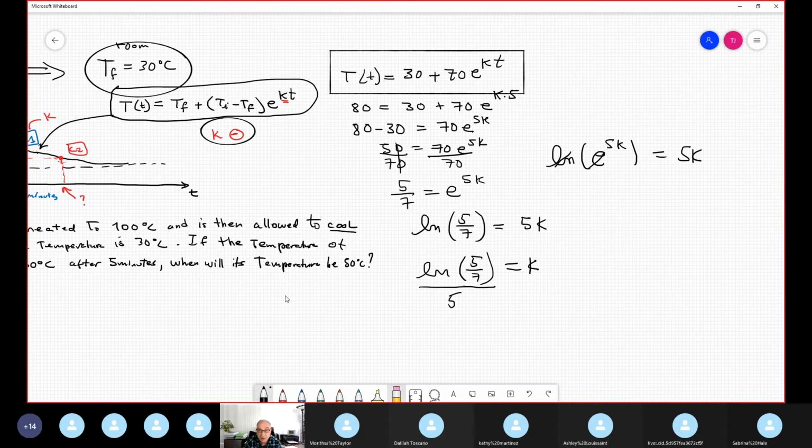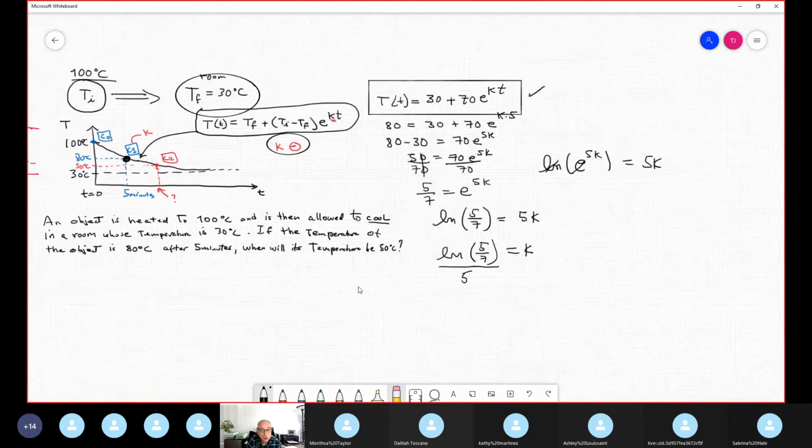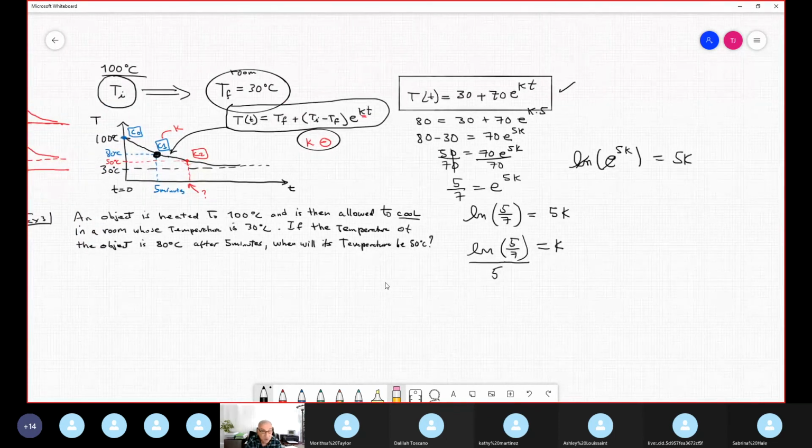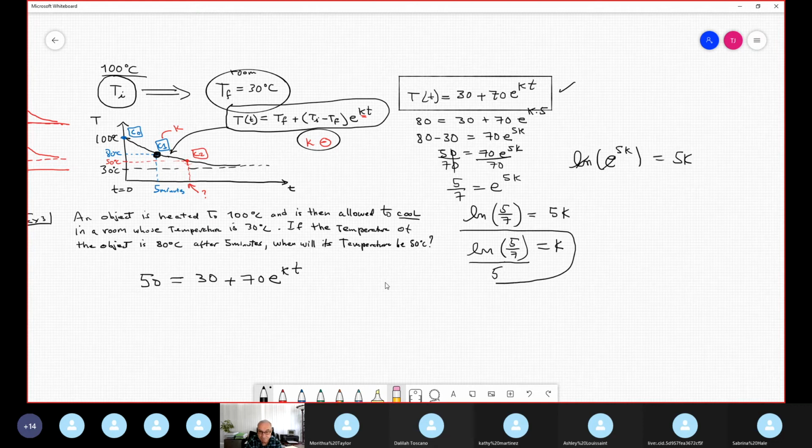So we use one more time the same formula for condition 2. In condition 2, the information given is the temperature. The temperature is 50. So 50 is equal to 30 again plus 70 exponential KT. But now I know the K, it is that value. Now try to solve for T. 50 minus 30, which is 20, is equal to 70 exponential KT.